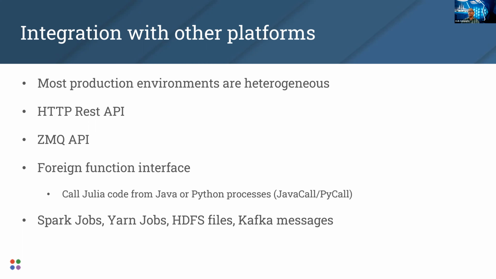And Julia provides a pretty rich set of tools to interact with other things in your environment. So the one strategy that I recommend as the baseline is to use HTTP REST APIs, both into Julia as well as from Julia onto other systems.